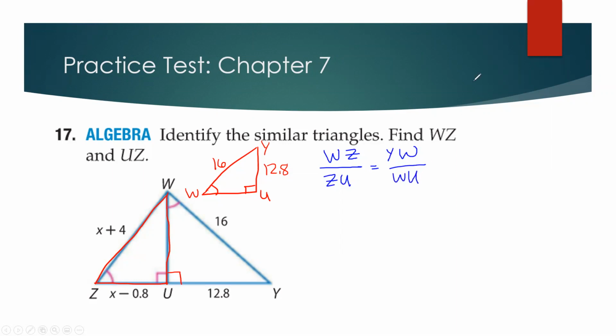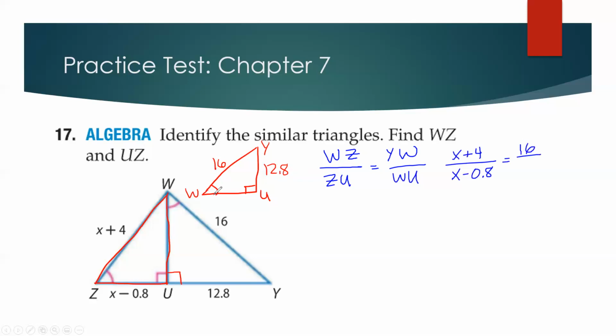So then I'm going to fill this in with the corresponding values. So the length of WZ is equal to x plus 4. The length of ZU is equal to x minus 0.8. And then here, YW is equal to 16.